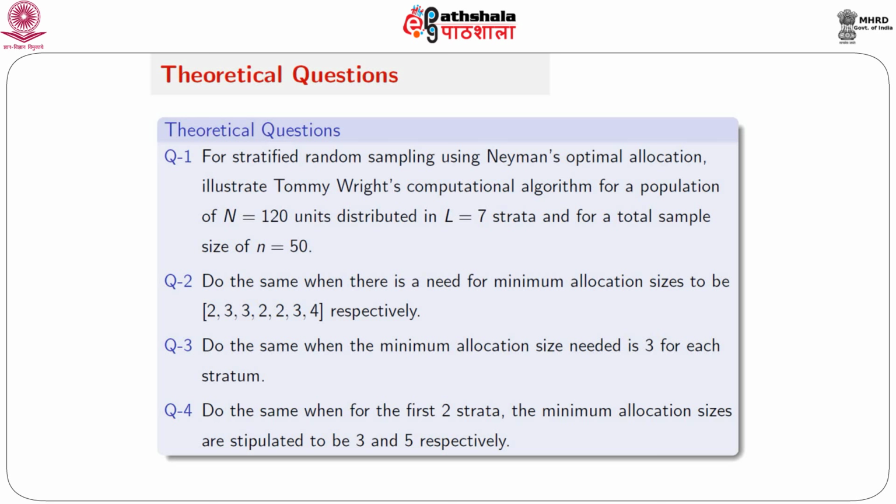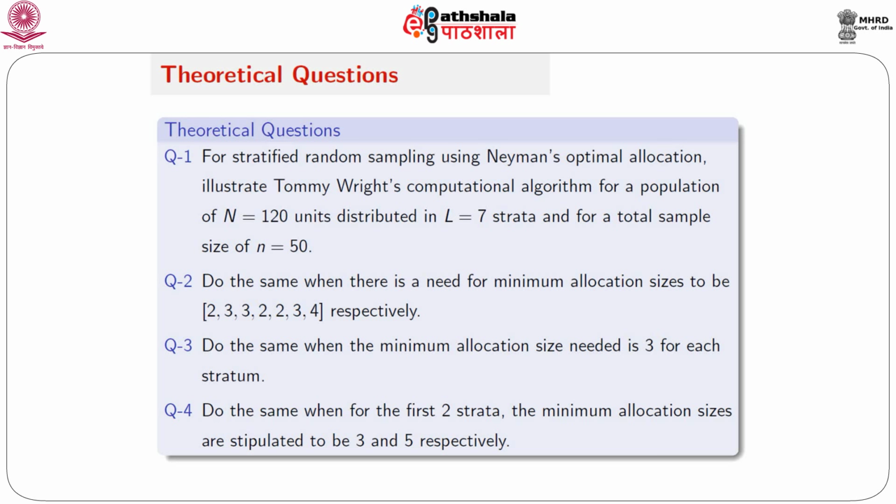And after that, we go for making selection for the remaining. This total is 2 plus 3 plus 3, 8, plus 2, 10, plus 2, plus 3, plus 4. The total is 19. So 19 are taken. Still we have to go for additional 31. After having selected these things, marked in bold, we go for making selection of 31 top numbers from the two-way table. That's the whole idea here.